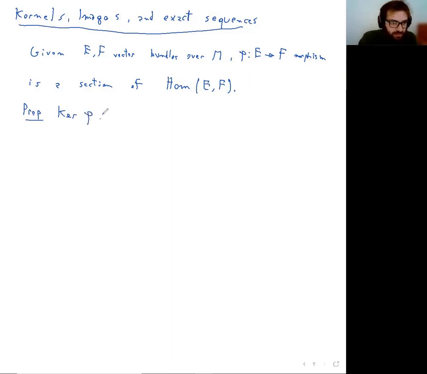The proposition is that the kernel of phi, which is a subset of E, and the image of phi, which is in F, are defined pointwise: the kernel of phi is the union of the kernels of phi_x for every x, and the same for the image. They are subbundles not always, but if and only if the rank of phi_x is constant.